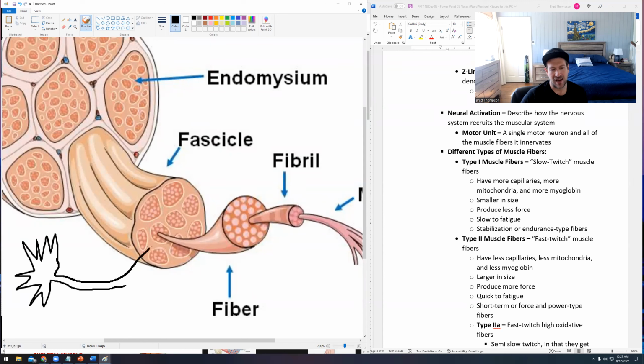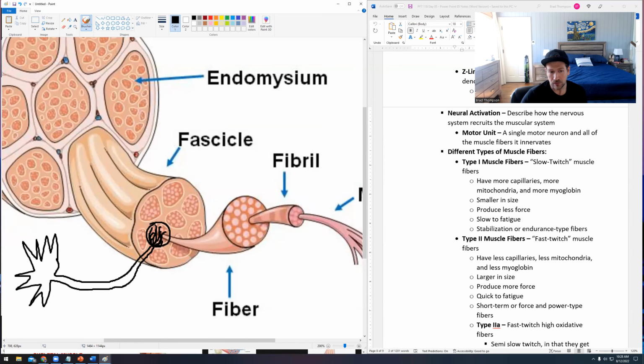Let's say it branches down and there's a fiber that goes to this one and that one and that one and that one. All these little fingers are interacting with every one of these fibers. That is what we call a motor unit. So a motor unit is one neuron and all of the fibers that it's interacting with.